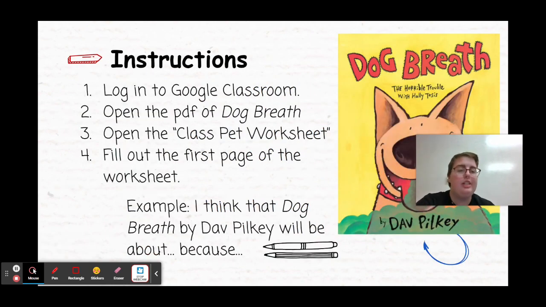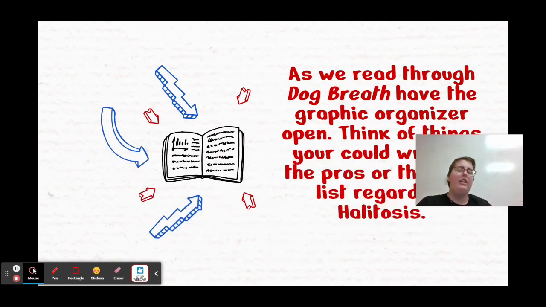Some instructions, so I'll verbally read these instructions off, but they will also have them written down on the board, and they'll also have access to them through Google Classroom. If I flip to the next slide and they're like, wait, I need the instructions, they can just open the slides and look at them.